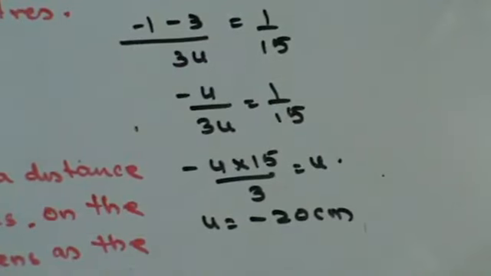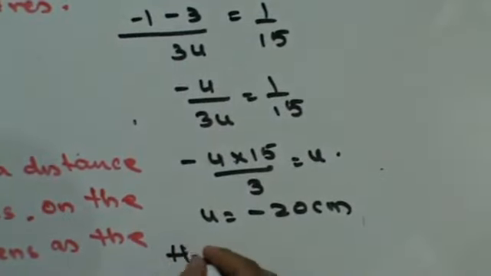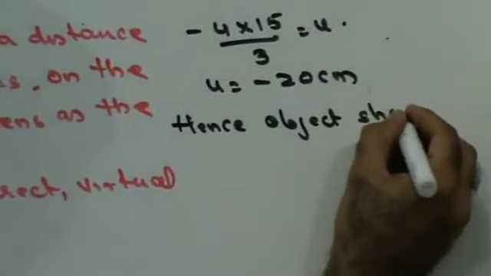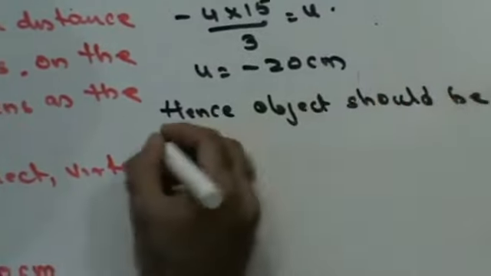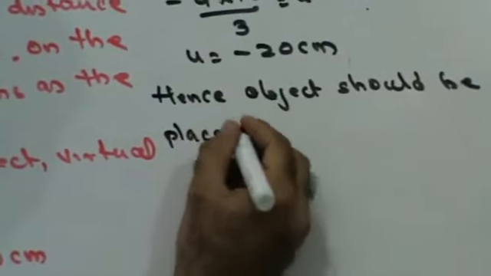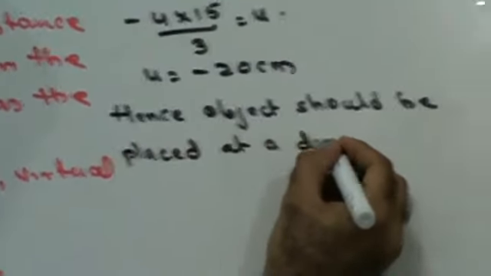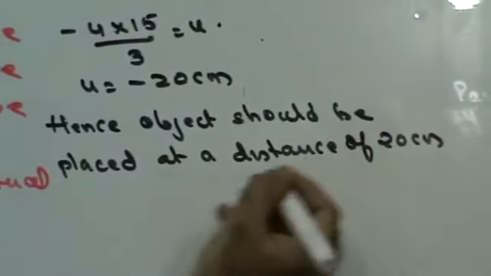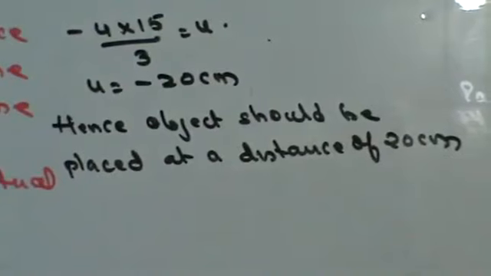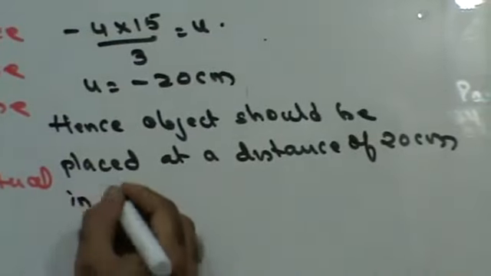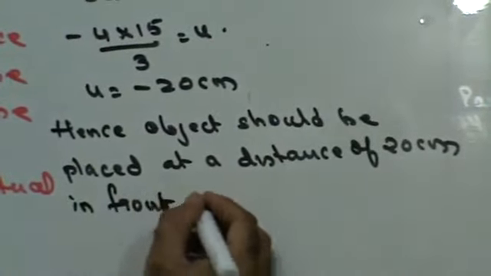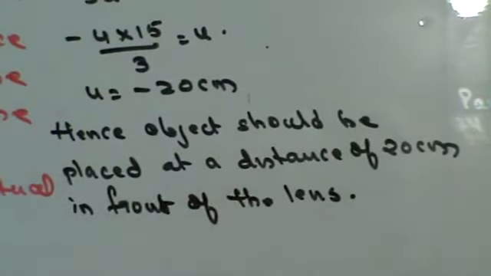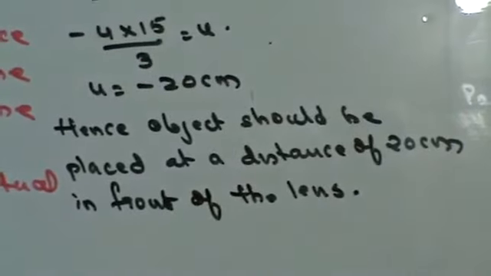Hence the object should be placed at a distance of 20 centimeters in front of the lens. So that was when a real image is formed.